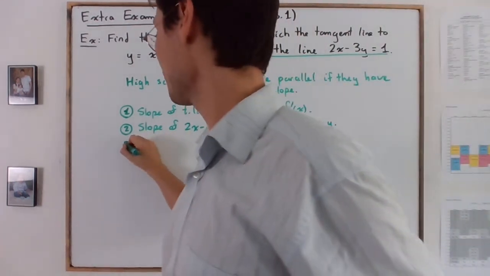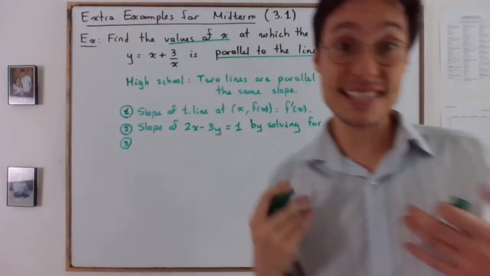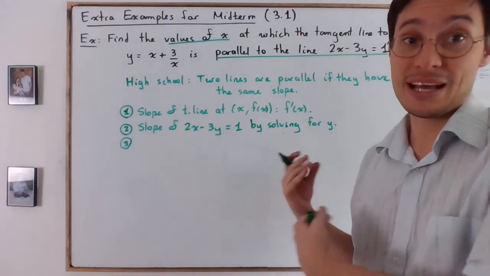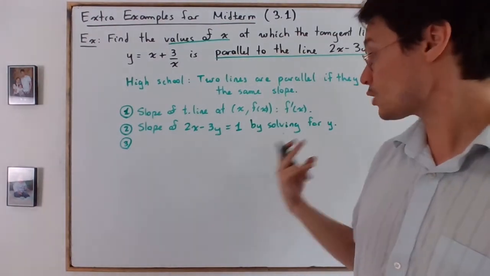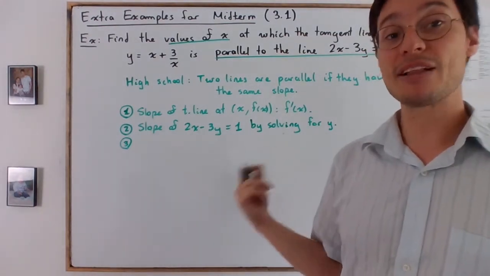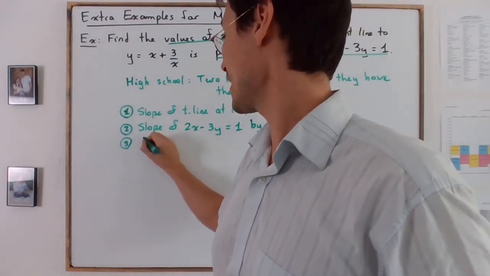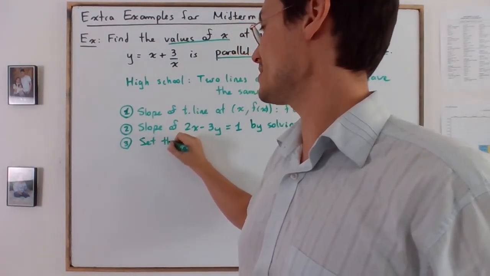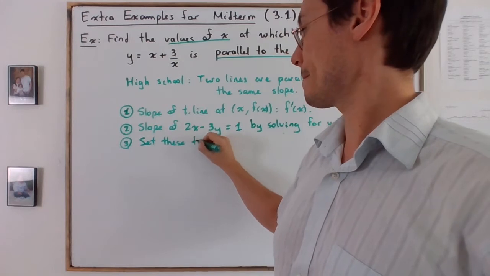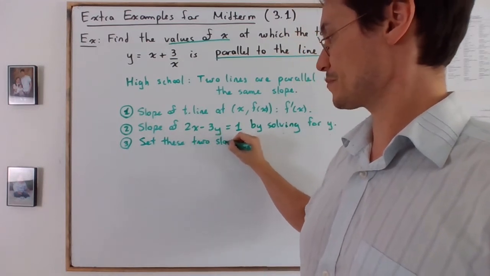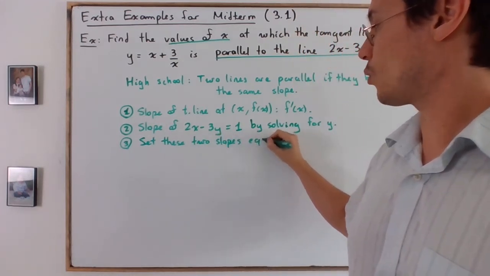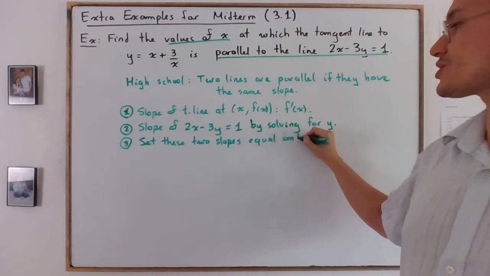And finally, three, you're going to set the two slopes you found in one and two equal to each other and solve for x.